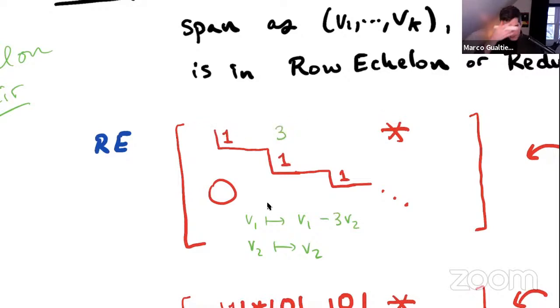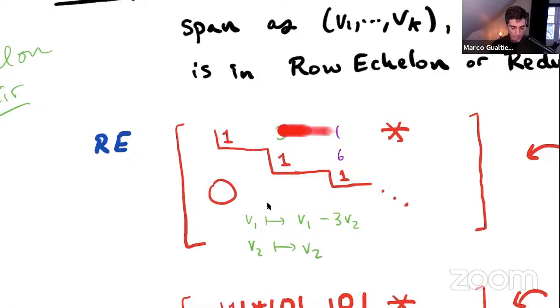But the problem is, what about this guy? What if now I have 6 and 1 here? In order to clear these two, I'm going to have to replace V2 by V2 minus 6 times V3, and I'm going to have to replace V1 by V1 minus V3.